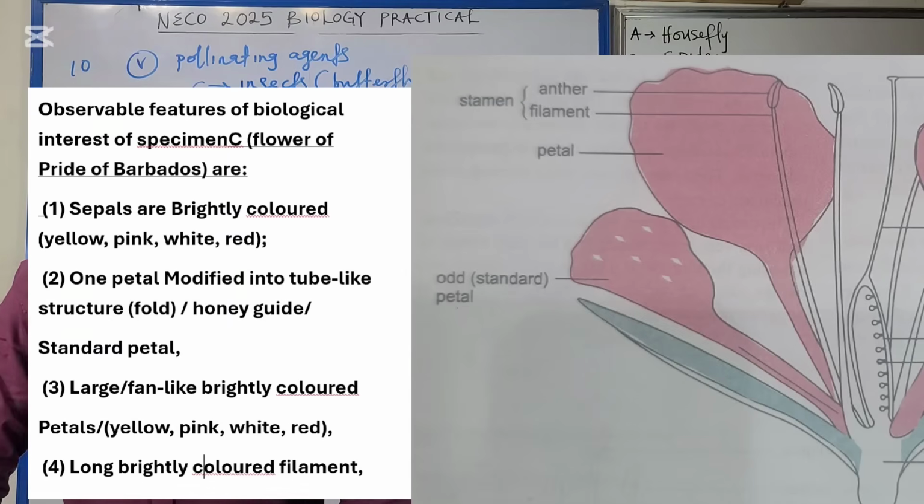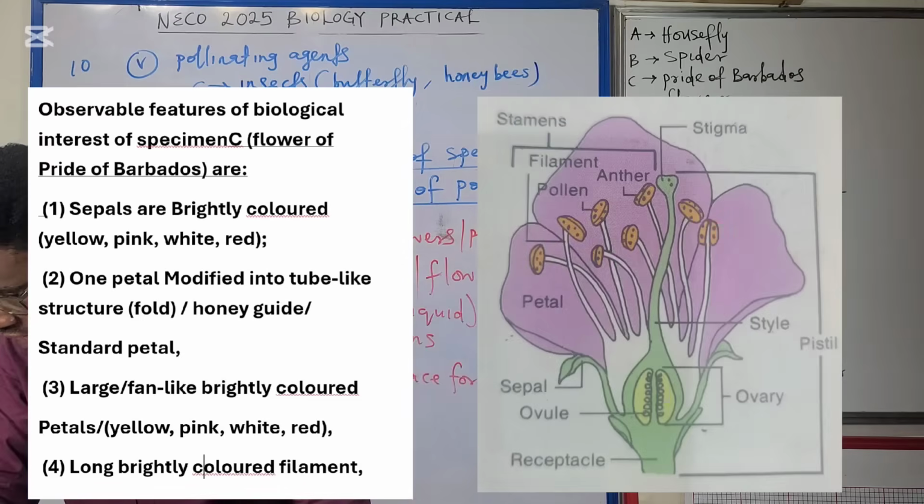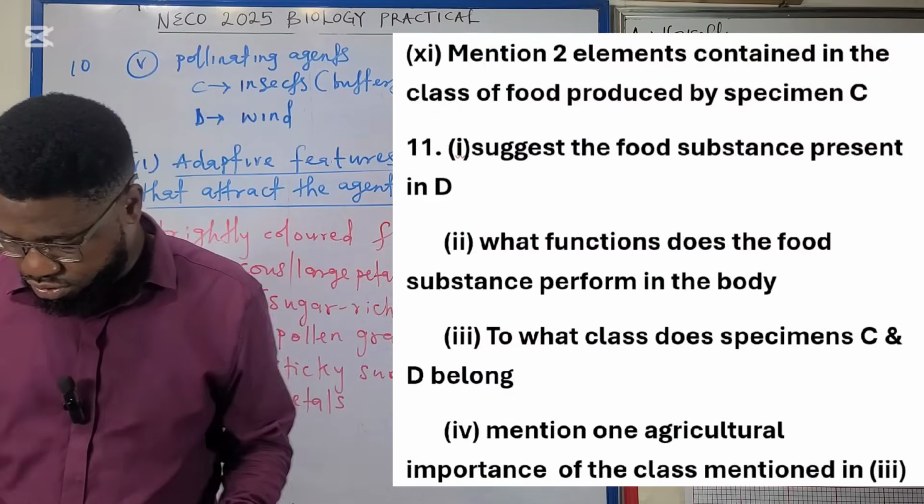You see the anther is brightly colored. That's talking about the stamen, the pollen grain, the pollen. They are brightly colored. So those are the features that are of biological interest to specimen C. It's about the color and the structure.